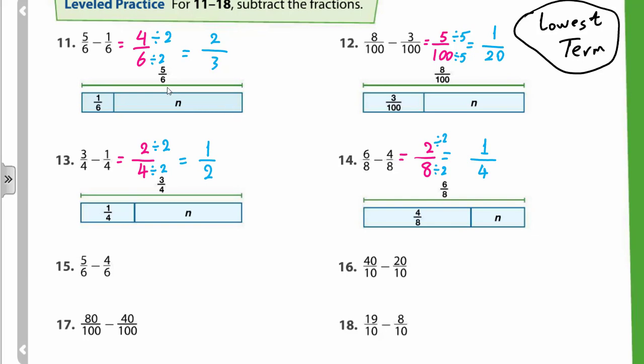We need to decompose, for example, in the first one, 5 sectors into 1 sector plus 4 sectors. Then the answer will be 4 sectors. We didn't do this, so you can do the other questions here the same way.